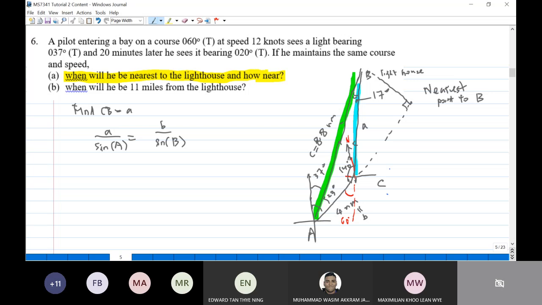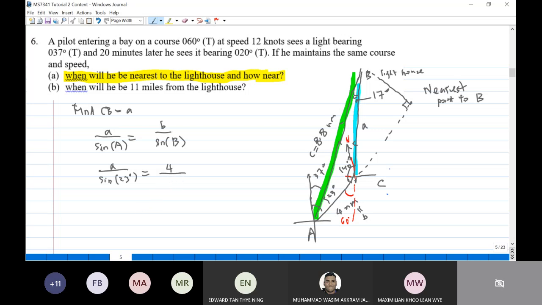You can try. So I use this method here. So A is equal to, so I can write down here, this is A over sine angle A, which is 23 degree, and then B is 4, sine B. Right?